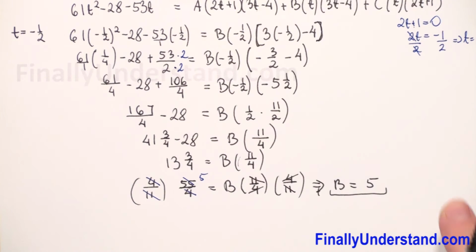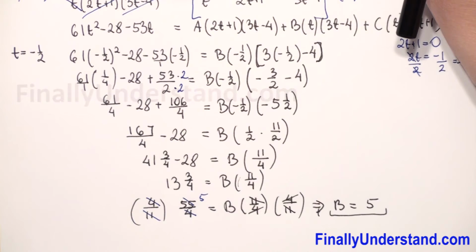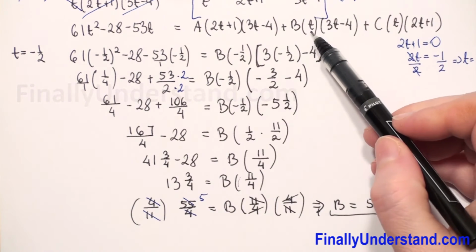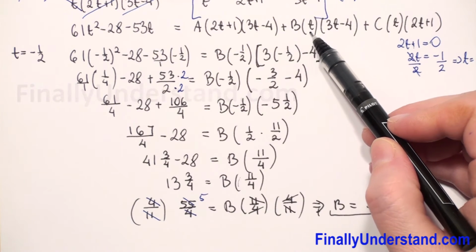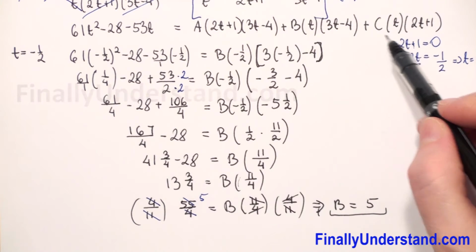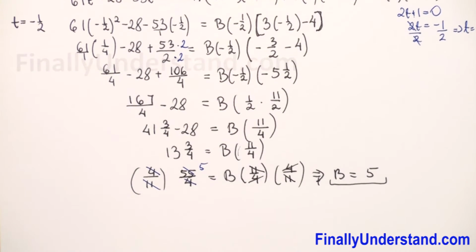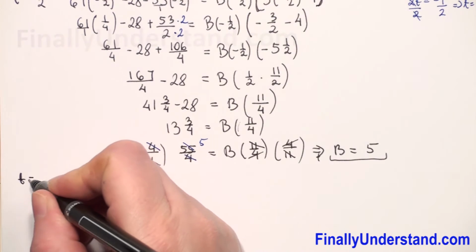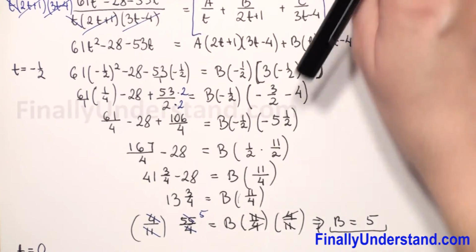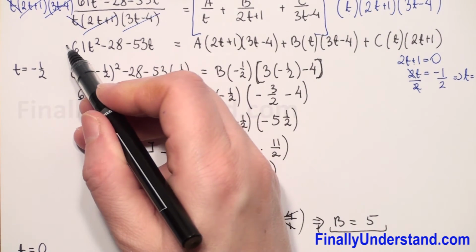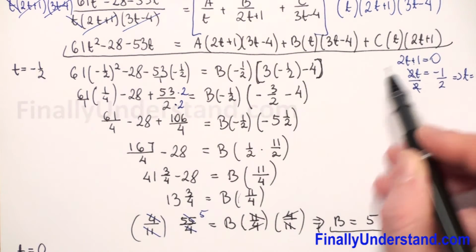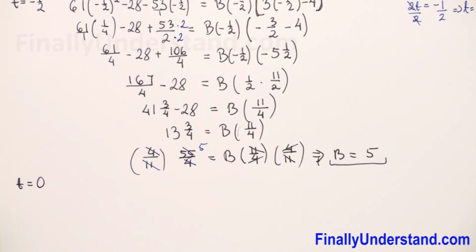So we will do next substitution. Now we will substitute t by 0. For t equals 0, this whole term will reduce and the last term will reduce. So let me write this. For t equals 0, we have to substitute every t in this equation by 0.